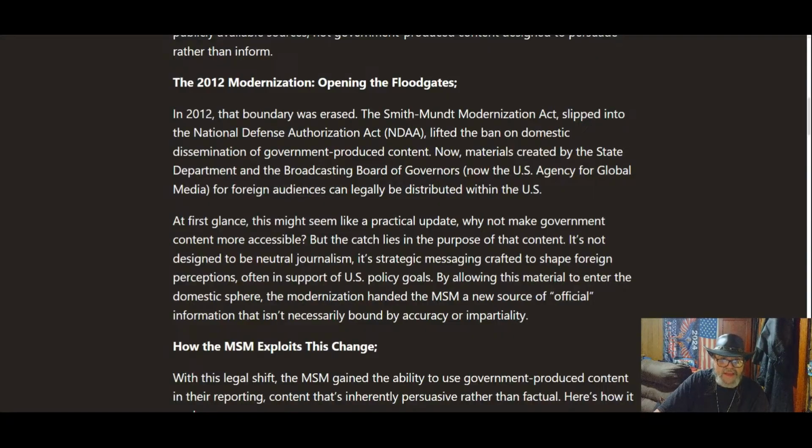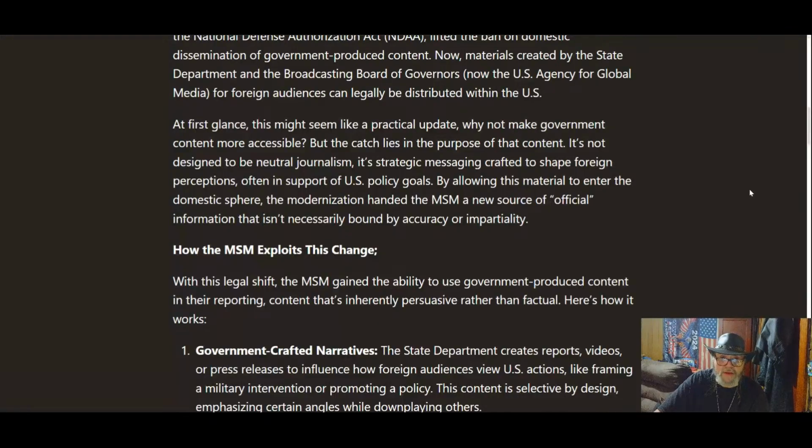At first glance, this might seem like a practical update. Why not make government content more accessible? But the catch lies in the purpose of that content. It's not designed to be neutral journalism. It's strategic messaging crafted to shape foreign perceptions, often in support of U.S. policy goals.